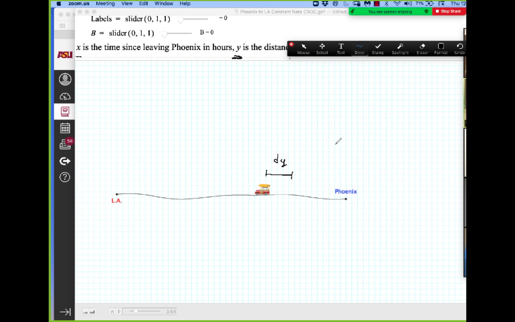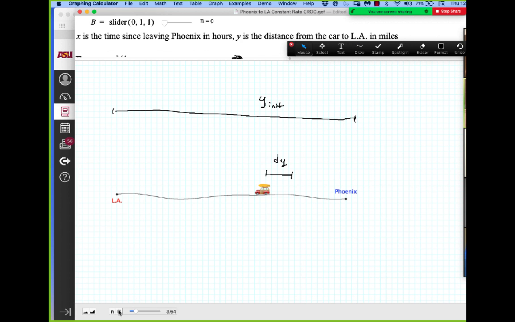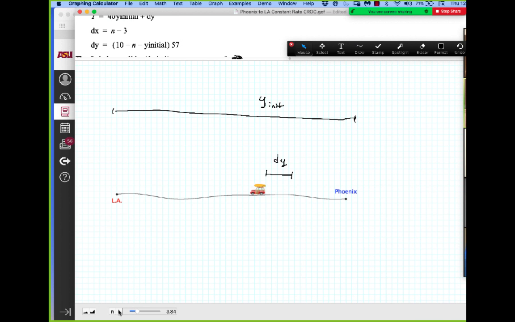So what other y-related quantities did you come up with? Me and Elizabeth said that we can represent the initial distance, like y initial, by the whole thing from Phoenix to Los Angeles. Okay, so that's valid.